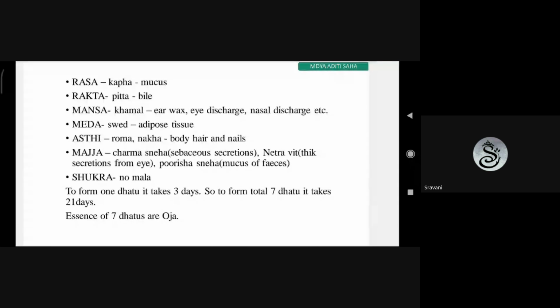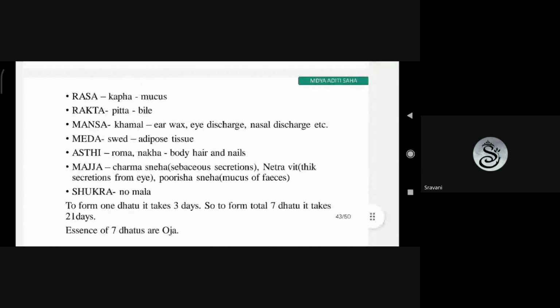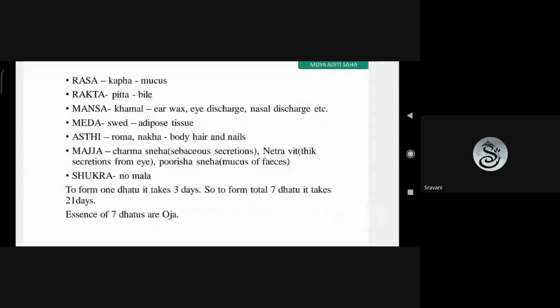We go to the parlor and spend a lot on our hair and our nails. We think these are the beautiful parts of our body, but actually these are the malas, the waste products of our body.